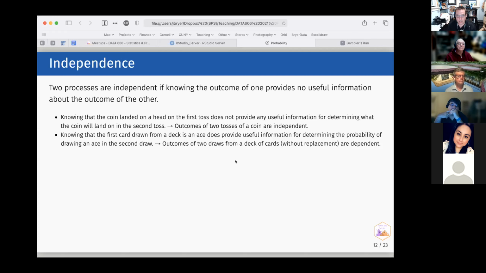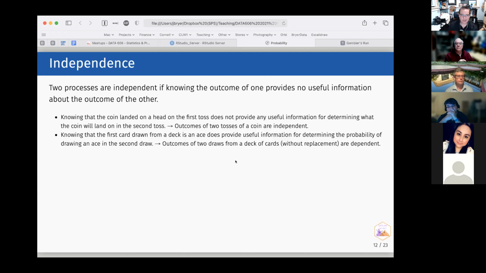Okay, but in cards, this is where things get a little bit interesting. If you know the first card drawn from a deck and you don't replace it, that actually changes the probabilities for subsequent pulls, right? And this is sort of the foundation for counting cards.